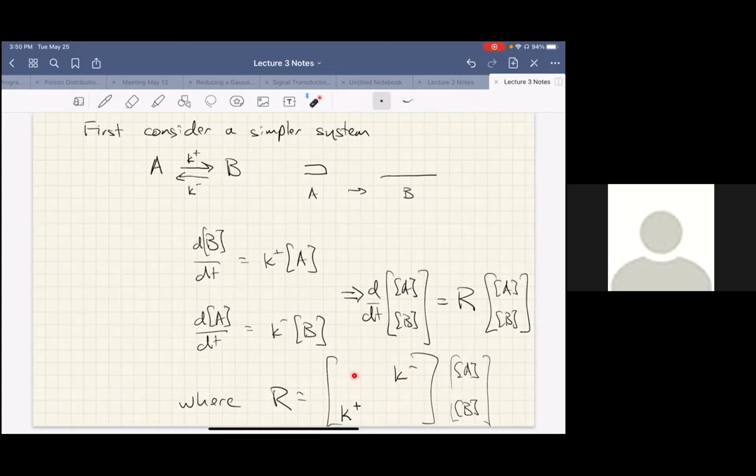So the amount of A that escapes from A is equal to the amount that reacts into B. So that means that the amount that reacts into B is K plus times A. So that amount must leave A. So the amount of A that leaves A is minus K plus because it becomes B. And similarly, this column also has to sum to 0 for the same reasons. That's minus K minus. And the reason is, when you multiply this by here, K minus times B, that's the amount of B that becomes A right there.